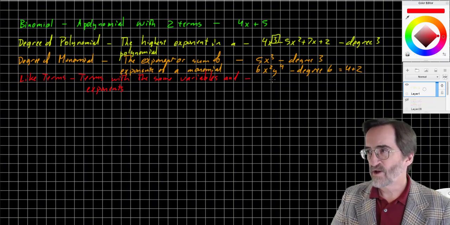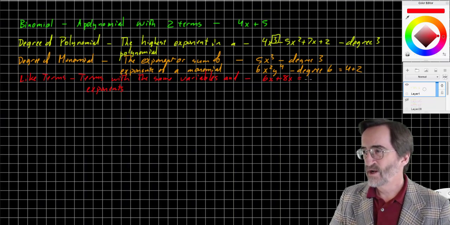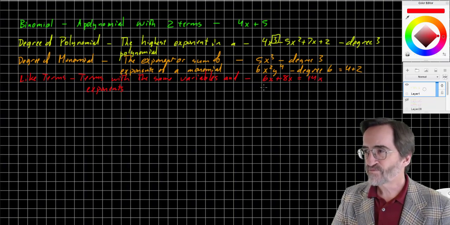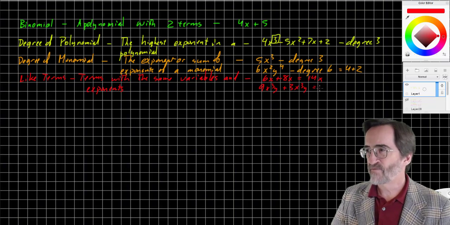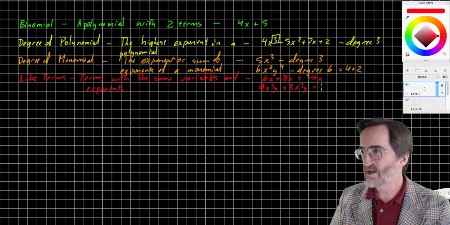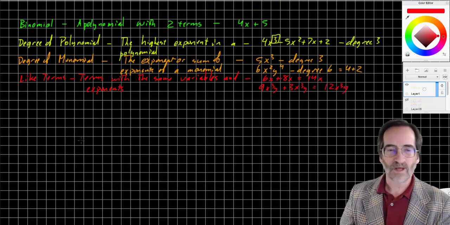The following are like terms. 6x plus 8x are like terms because they have the same variable and exponent. You can combine like terms. 6x and 8x makes 14x's. 9x cubed y's plus 3x cubed y's. It has all the same variables and the same exponents. So 9x cubed y's and 3x cubed y's is 12x cubed y's. Okay, those are like terms.